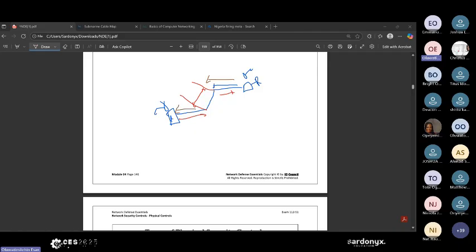Okay, let me allow Mohammed. Mohammed, please unmute yourself. What I think is the man was killed in what is basically called a blind spot.